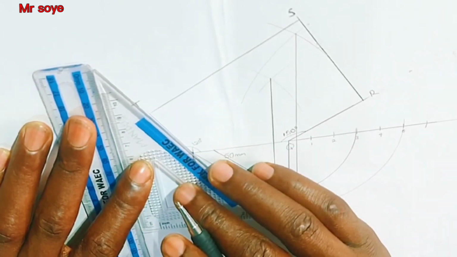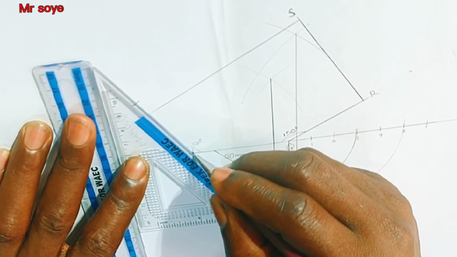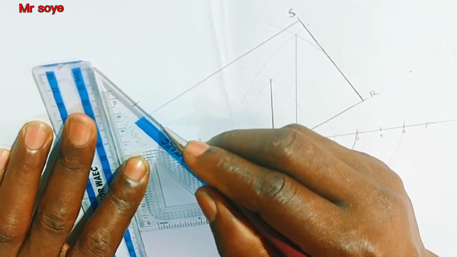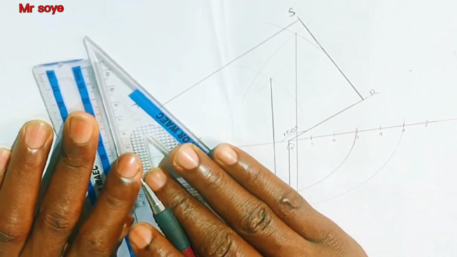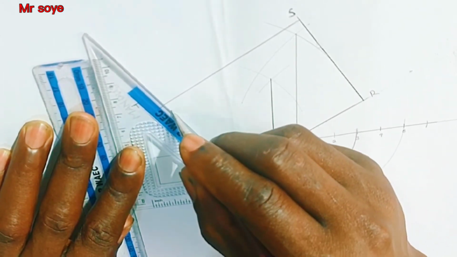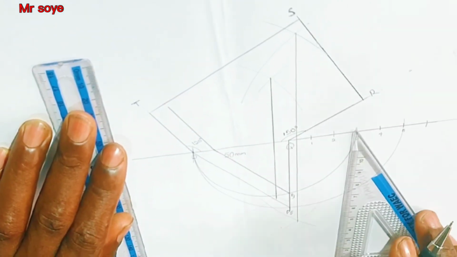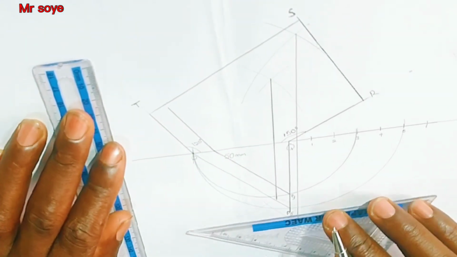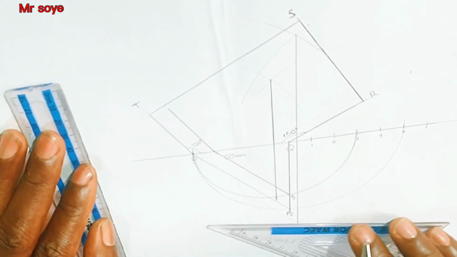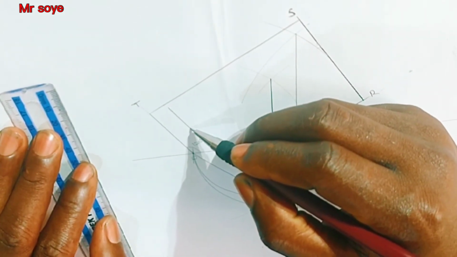So from here, I will draw a parallel line. Okay. Then you draw it like this from here. Good. That's for down. Then before we move ahead, there's one thing we must also do before this parallel line.